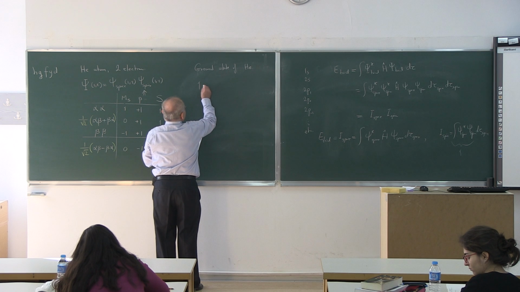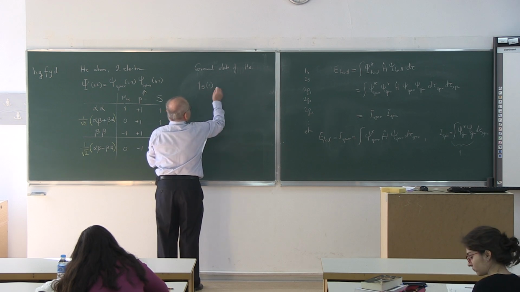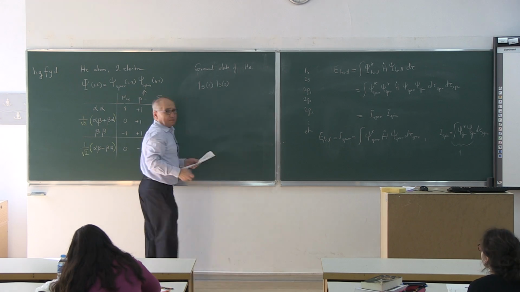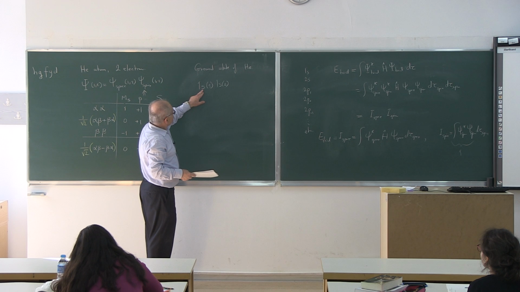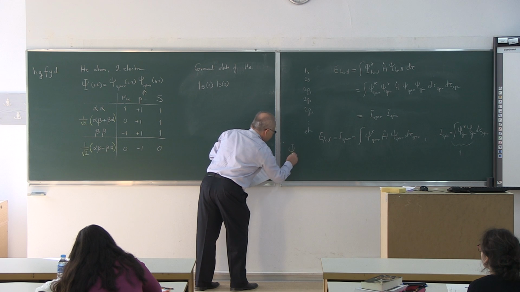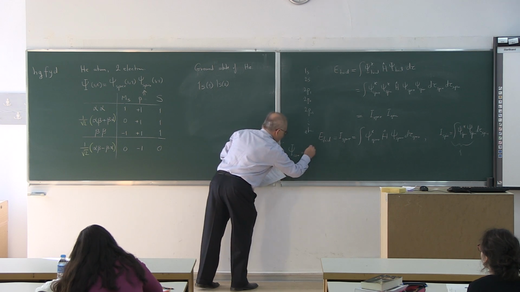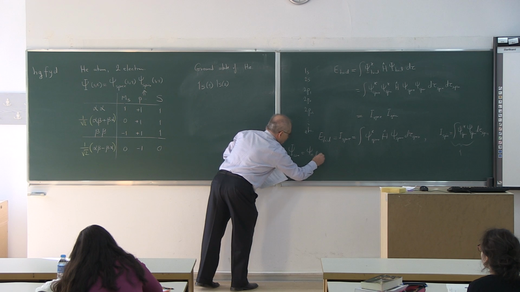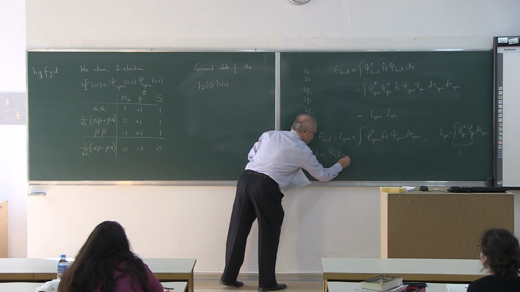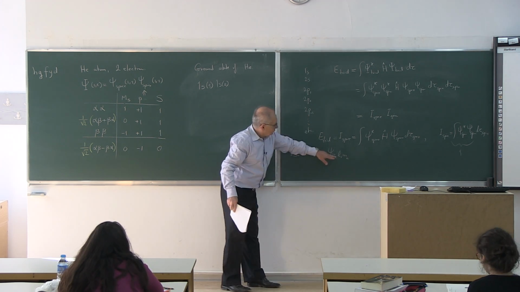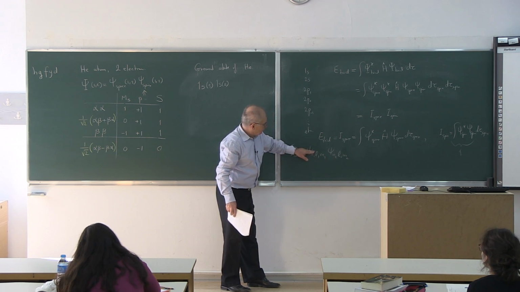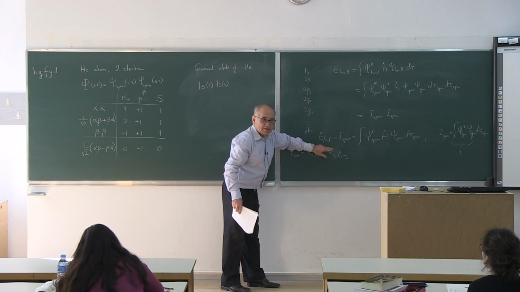We select 1s orbital for the first electron, and for the second electron also we select 1s orbital, so that this is our product. Remember, psi core times, we are using this expression: orbital for the first electron times orbital for the second electron.